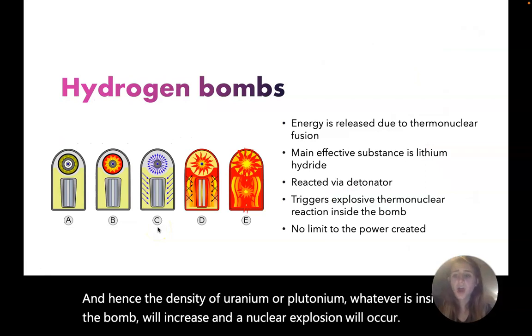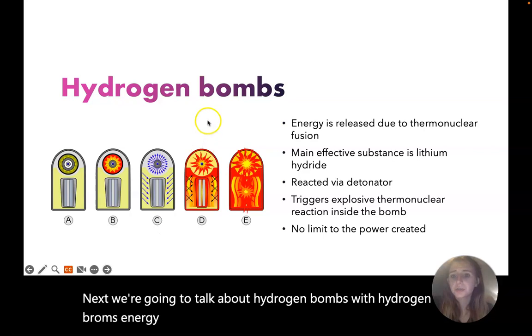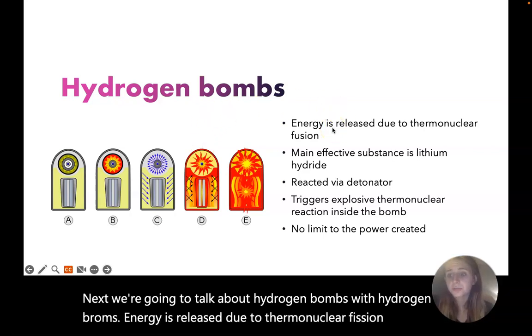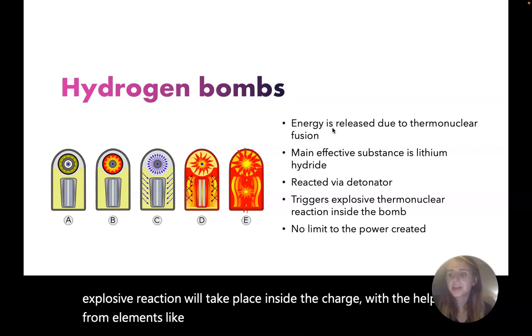Next, we're going to talk about hydrogen bombs. With hydrogen bombs, energy is released due to thermonuclear fusion. A quick explosive reaction will take place inside the charge with the help of elements like deuterium and tritium, and other heavier elements can also be added to those.